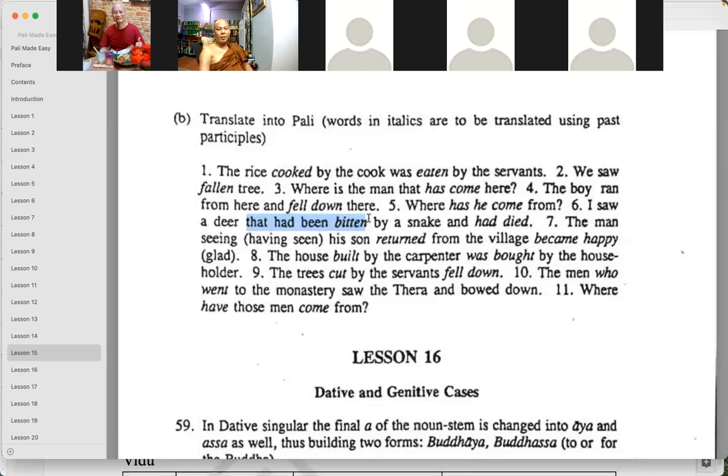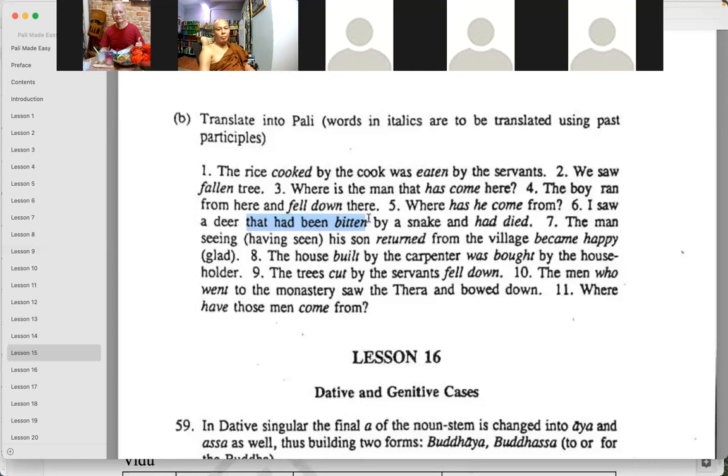So I saw a deer. Aham means I. Saw is a past tense, first person singular, addasam. And a deer means miga. So as a second sentence: aham migam addasam. But that had been bitten by a snake and had died modifies the deer.